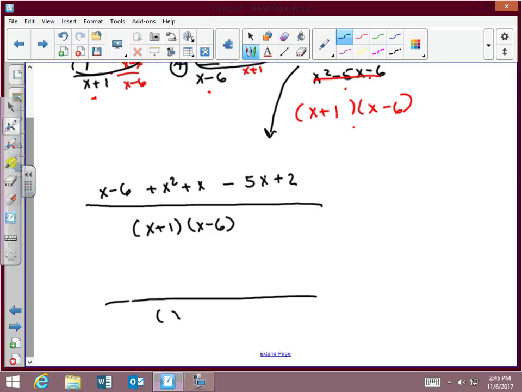Combine my terms. Okay, you get a common denominator down here. And then you go descending order. Looks to me like there's just an x squared. Then there's x. There's this x, that x, 2x, and a minus 5x is minus 3x.